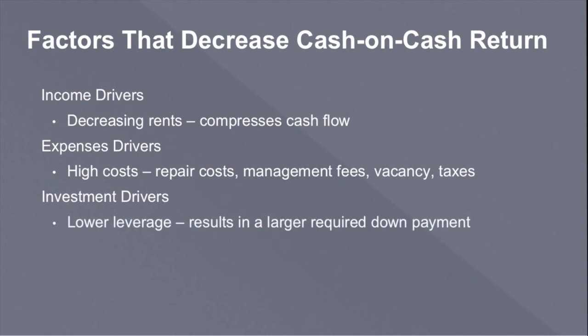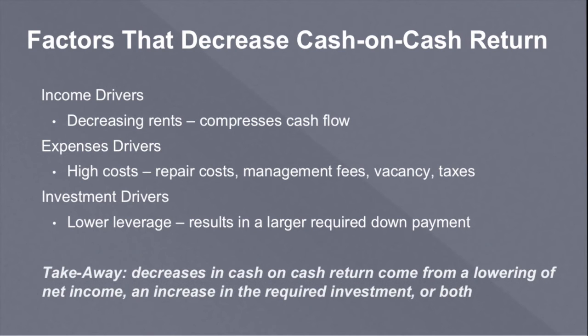And then lower leverage, that's the biggie, right? Because if we can put less money down, maybe we can put 10% down rather than 20% down, that's going to maximize our leverage, and while it may decrease our cash flow, it actually increases our cash on cash return.